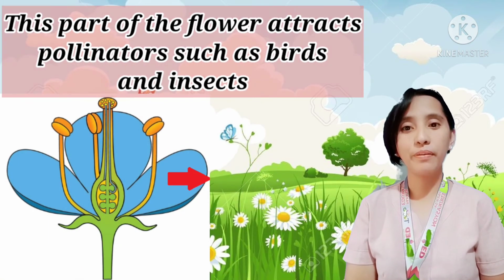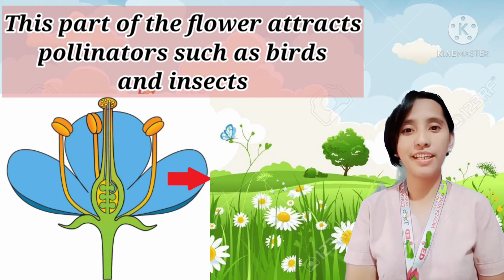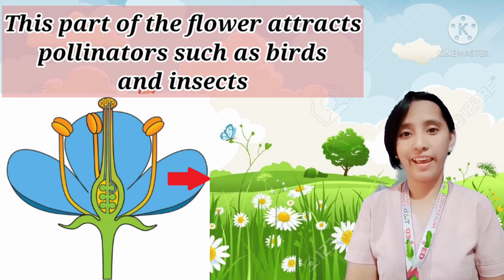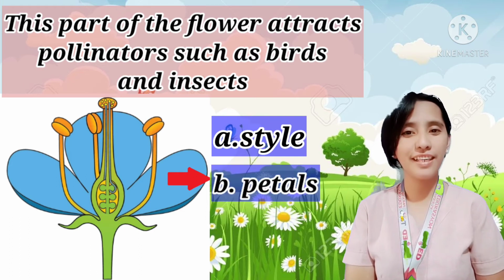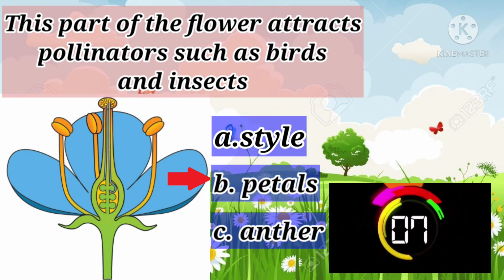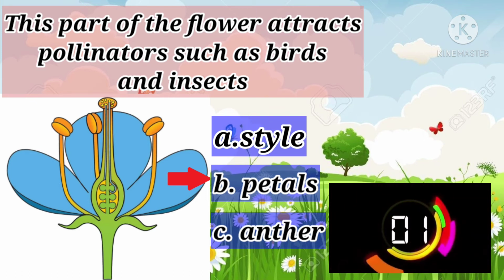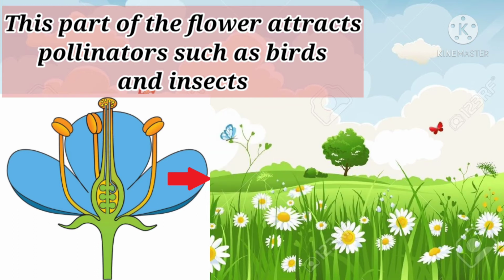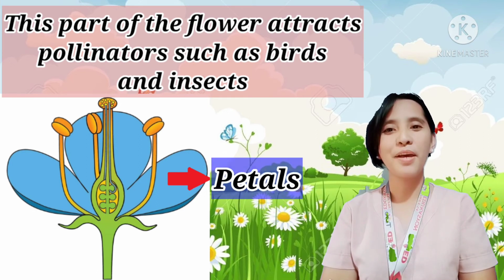This part of the flower attracts pollinators such as birds and insects. Is it A. Style, B. Petals, C. Anther? Yes, that's correct. The answer is petals.